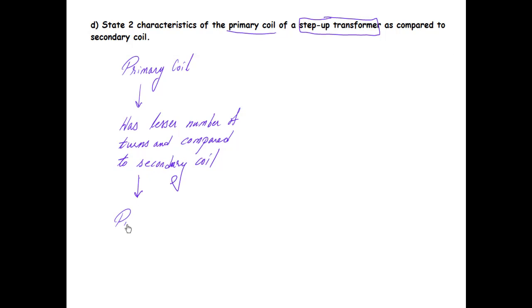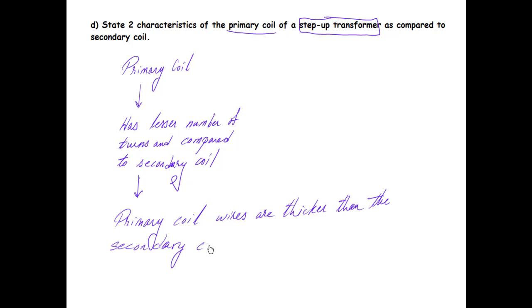Also, the primary coil has to carry a larger current and therefore it will have wires which are made thicker as compared to the secondary coil. So, primary coil wires are thicker than the secondary coil wires.